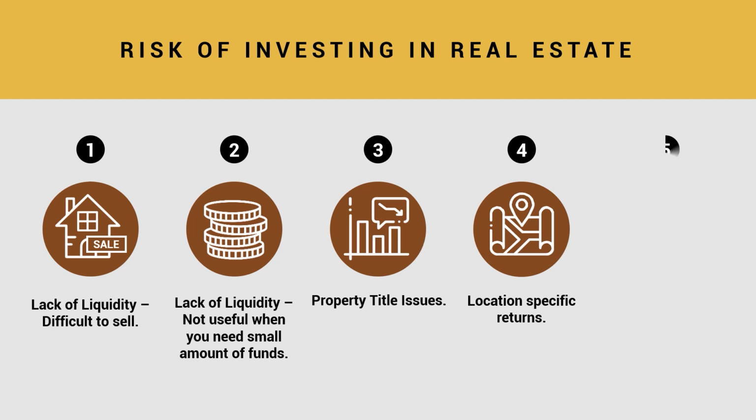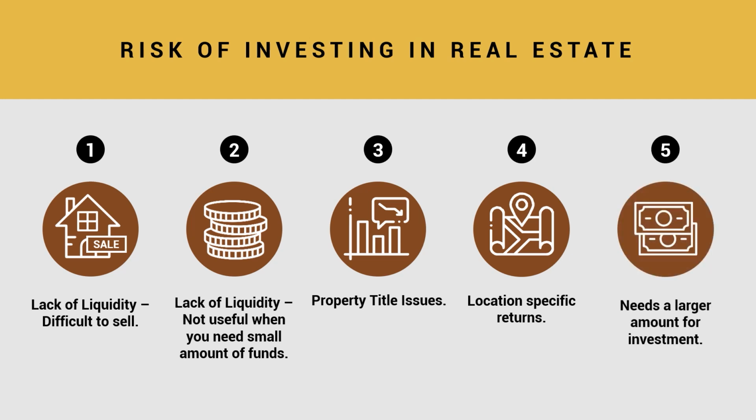And finally, the amount that you need to invest in a real estate property is much higher than any of the other asset classes that we've talked about. In any other asset class, you can always start with a small ticket amount, and you also have an option to invest on a monthly basis. Whereas if you decide to buy any of the physical properties, that is not the case.